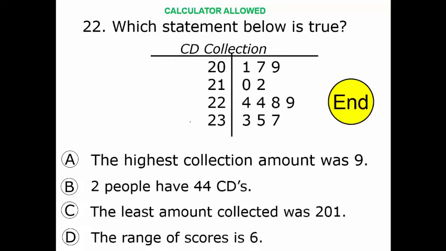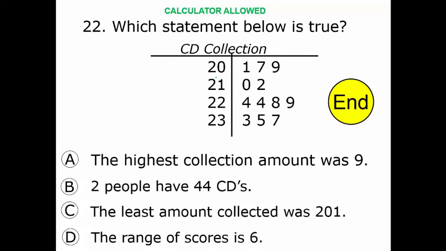Alright, by now you're probably an expert at stem and leaf plots, so let's see if we can read this chart again. So I would approach the question by reading the statements and seeing which one matches. So it says the highest collection amount was 9. Well, what they're trying to get you to bite on here is that the biggest number on the right side is 9. That is not correct.